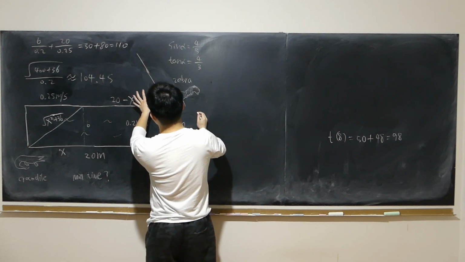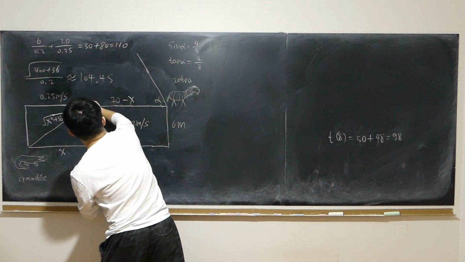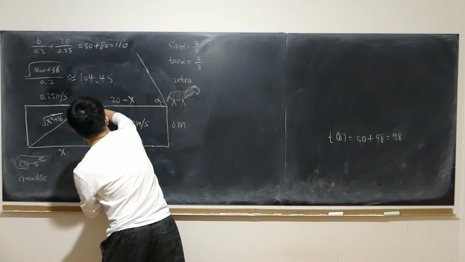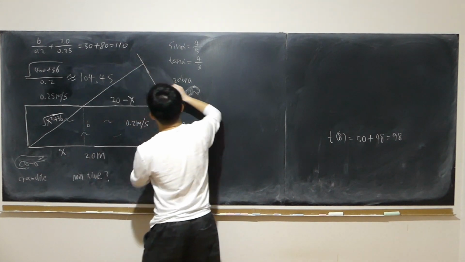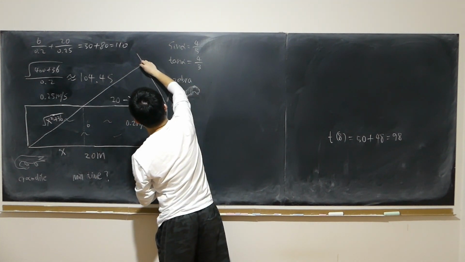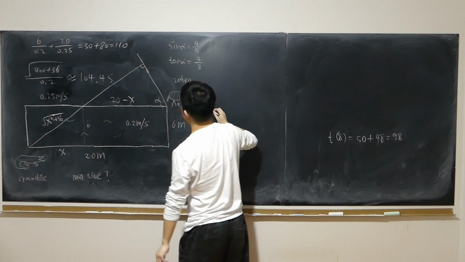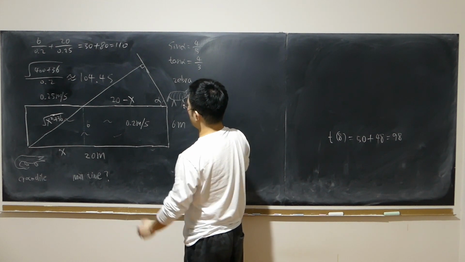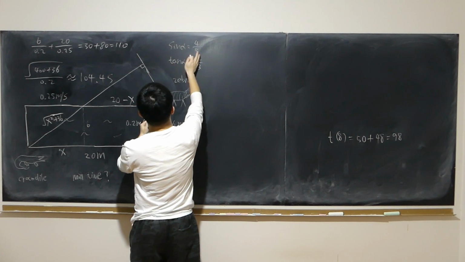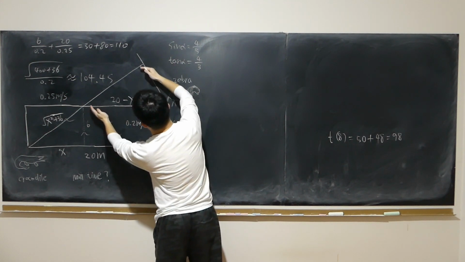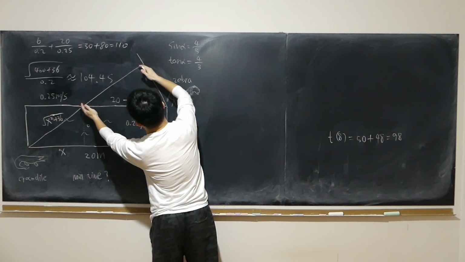So that means I can draw this line to meet with this line and make sure this is perpendicular. That way, like I said, sine alpha is 4 over 5, that is this segment over this segment.